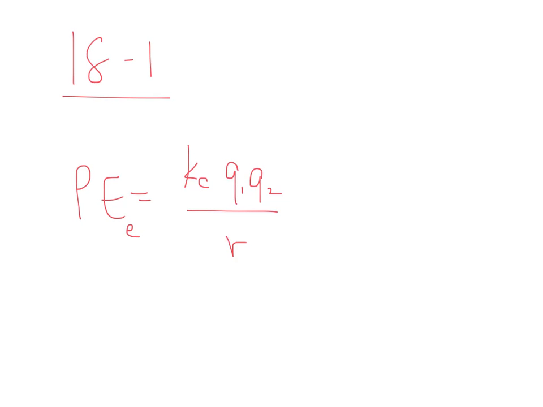Q1 could be your source, and then Q2 is somewhere in that field, and as a result, it experiences some sort of push or pull, some sort of energy, desire to change energy from the potential part of it. If you call Q1 the source, then Q2 is whatever the particle is in space: proton, electron, 5 protons, 7 electrons, a charged particle of 3 coulombs, it doesn't matter.